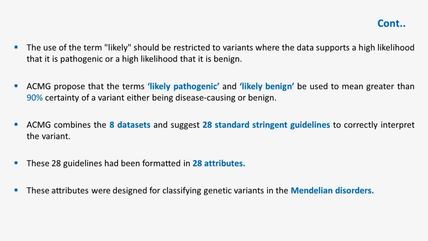So ACMG combines the 8 data sets and suggests 28 standard stringent guidelines to correctly interpret the variant, and they have formatted these guidelines in 28 attributes. And the main thing which I would like to highlight is that these attributes were designed for variant interpretation in Mendelian disorders, meaning single gene disorders.